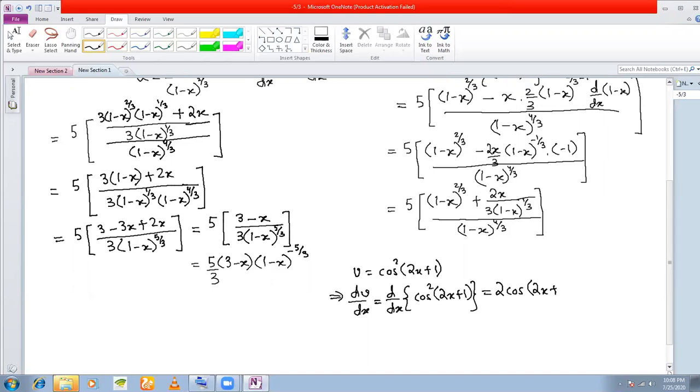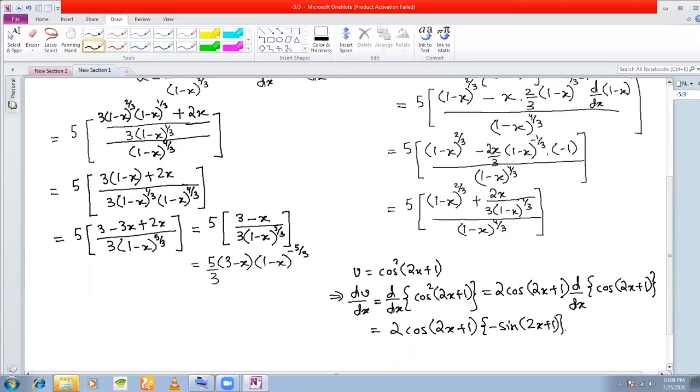First we differentiate the power, then we differentiate the cos. The derivative of cos is minus sine. So minus sine (2x plus 1) into the d dx of (2x plus 1).